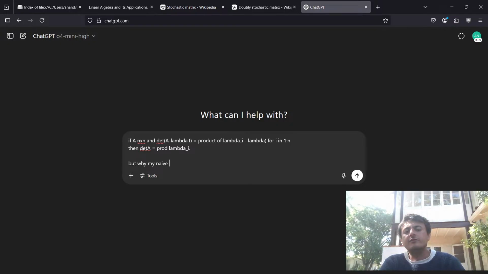My naive picture is that for 2D, the parallelepiped sketched out by A on the eigenvectors.